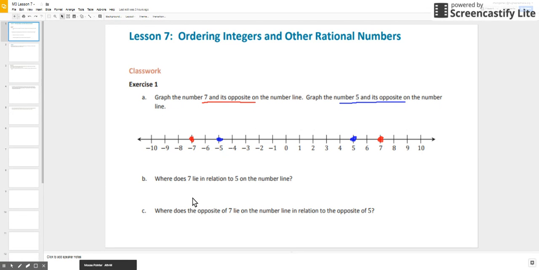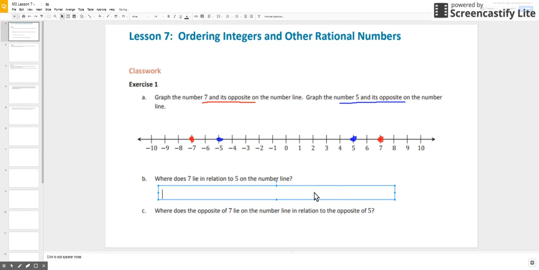Now we're going to start talking about the relationship between two different numbers. If we look down at B, it says, where does 7 lie in relation to 5 on the number line? Well, 7 lies 2 units to the right of 5. That's how we would describe its location. Let me put a text box in here real quick.